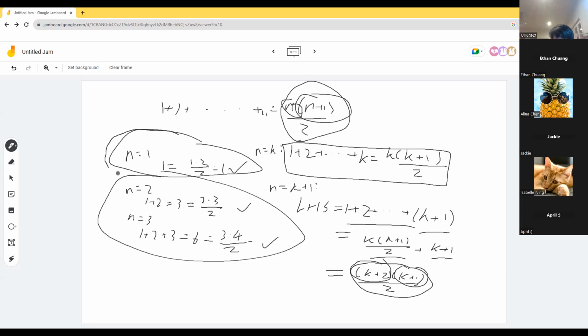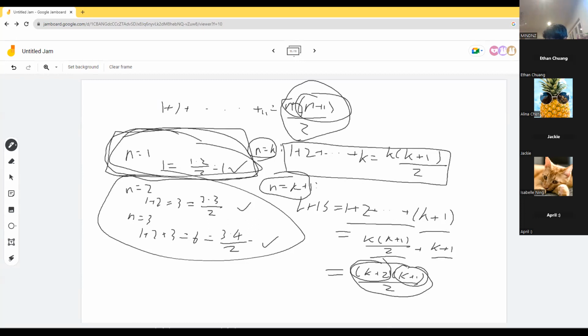Therefore, we've proven it's true when n is equal to 1, and we've also proven that if it's true when n is equal to some number, then it's also true for the next number. So since we proved it's true for the lowest number, we've proved it's true for every number. Okay, so you can continue trying the next problems.